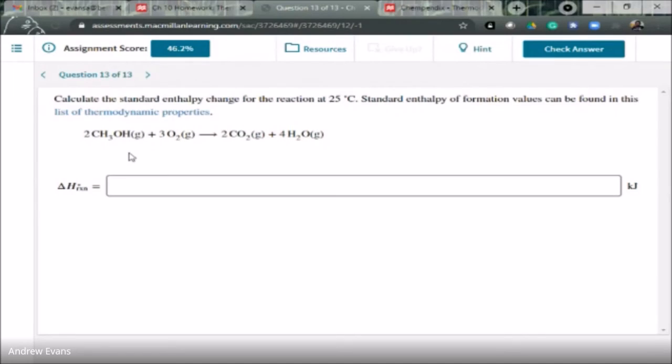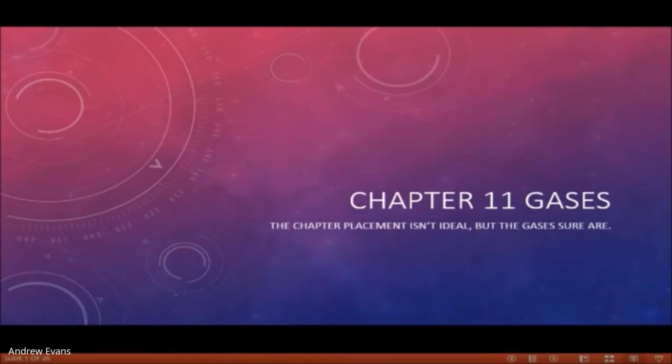So from this chapter, there would probably be a couple questions about calorimetry, a couple about delta H of reaction, maybe one or two about heat and work. But we still have a few minutes, so we'll look at a little bit of this next chapter, at least give the brief introduction.